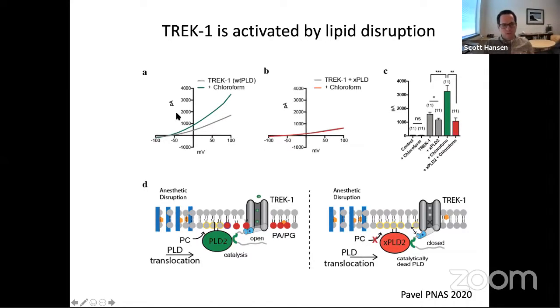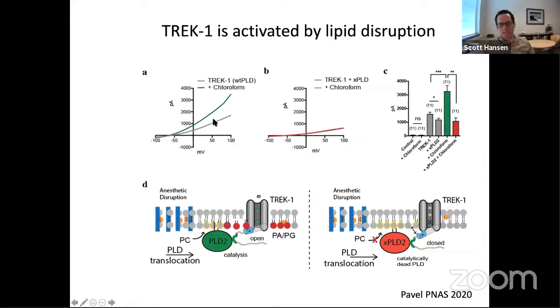Let me back up. On the y-axis here is current. This is just like the current that I showed on the plant. It's an electrical current, and we changed the voltage here. As you increase voltage higher and higher, the current increases more and more.